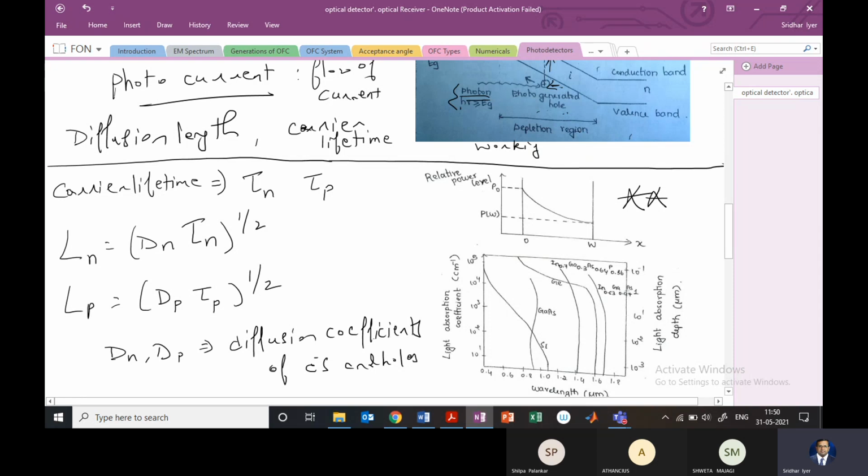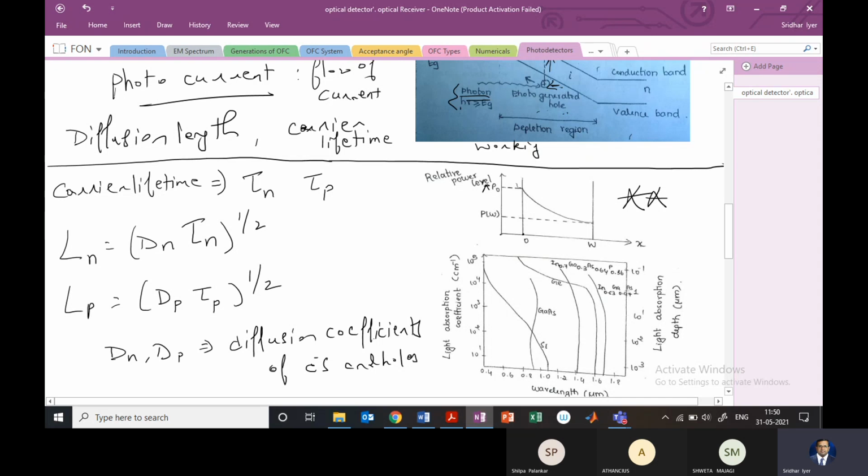We don't have any numericals based on this, but this is just the information required to show how the diffusion length and the carrier lifetime are connected. What you see on the right-hand side is the relative power level, and on the x-axis is x, which is the distance, showing what the power level is after a certain distance. Initially the power is P naught, at zero there's complete power.